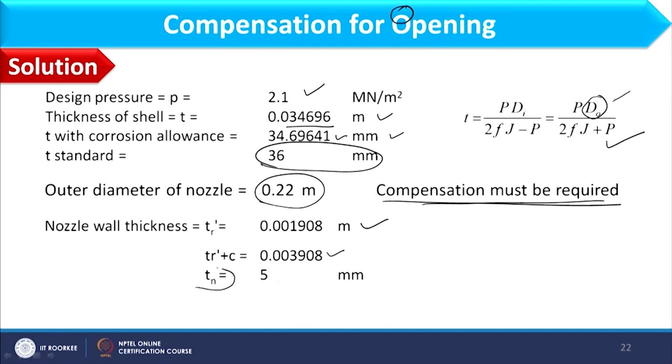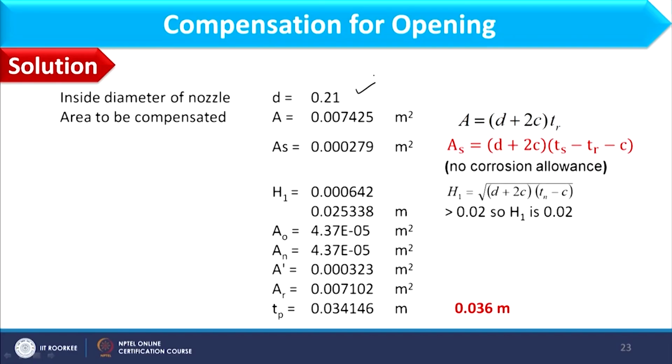So the standard thickness of the nozzle would be 5 mm. So to calculate D we will deduct 2 into 5, that is 10 mm, from 0.22 meter. So in that case 0.21 would be the value of D. So here you can see this is the value of D, 0.21.